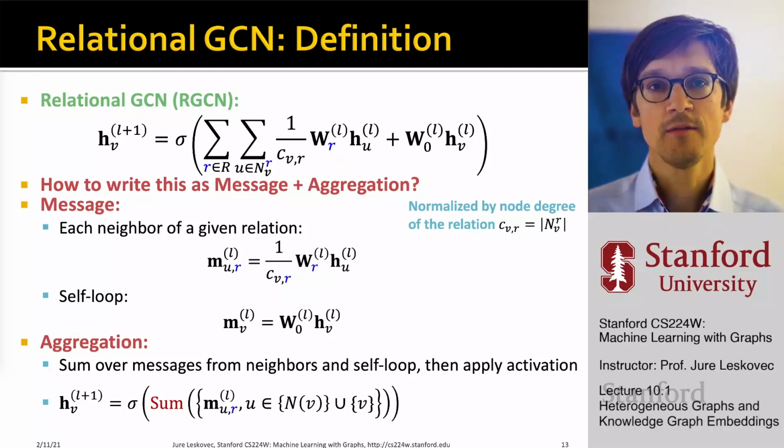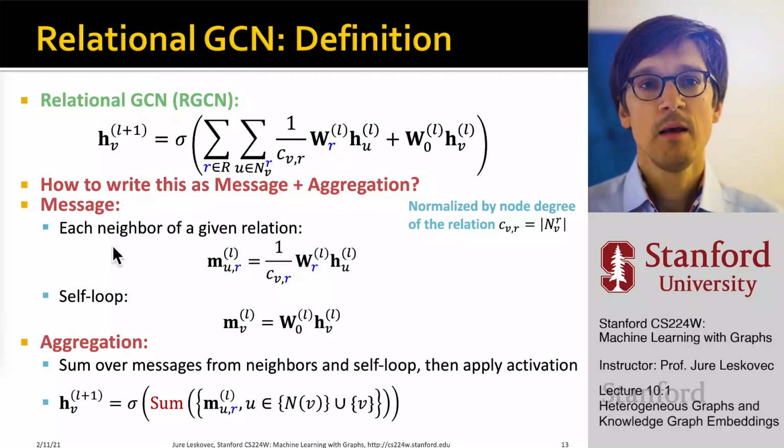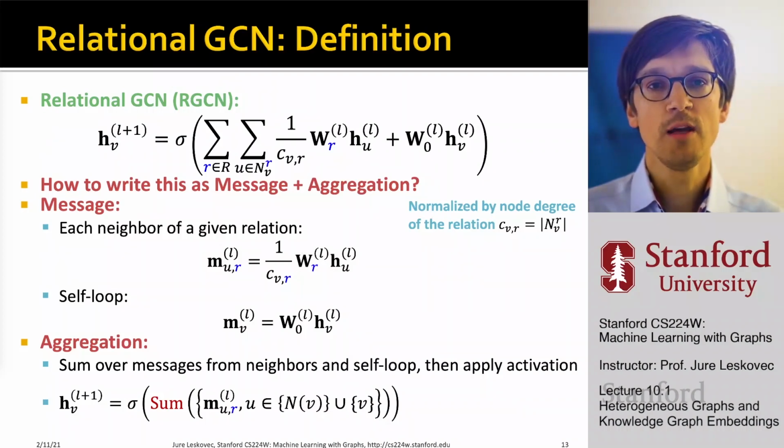I can still write it out in this formalism of message transformation and aggregation, where each neighbor of a given node V transforms its previous layer embedding according to the matrix W, but now W changes based on the type of the relation between U and V. And here we transform the message from node V's own embedding from the previous layer, and then the aggregation is still simply a summation, right?